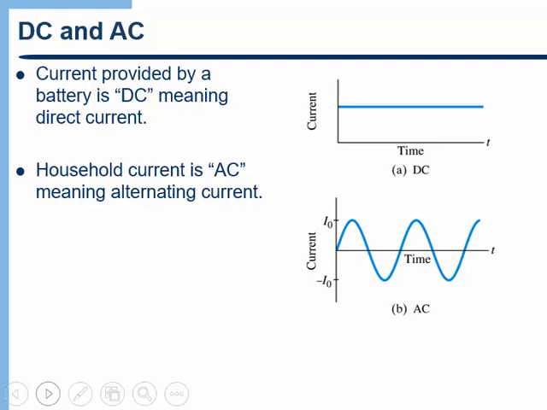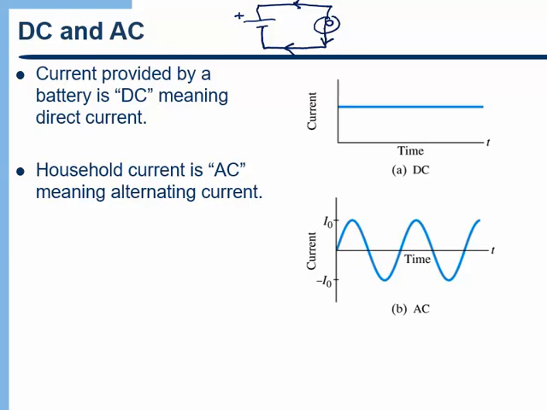Now, we haven't talked a lot yet about the difference between direct current and alternating current. Direct current simply means that the current only travels in one direction. So when I have a simple DC circuit, like a light bulb connected to a battery, as we know, the current leaves the positive side of the battery, so our current direction would be like that.